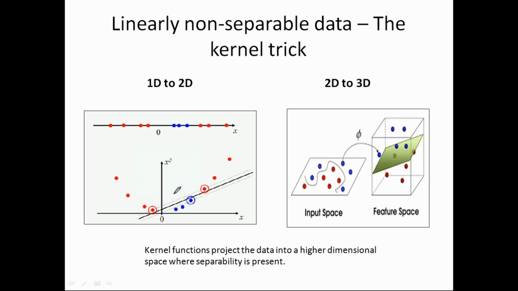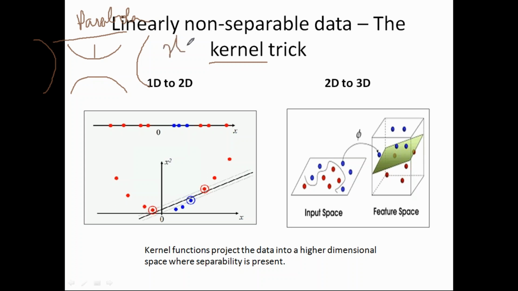See the trick that SVM does. SVM does a very good trick here, which is called the kernel trick. In our school days we used to study this. If you remember, this is called a parabola.